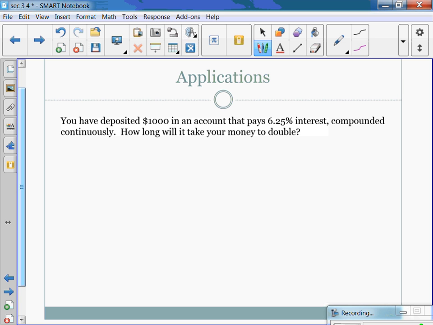What information do I have? Right. I have my P. What is R in this case?